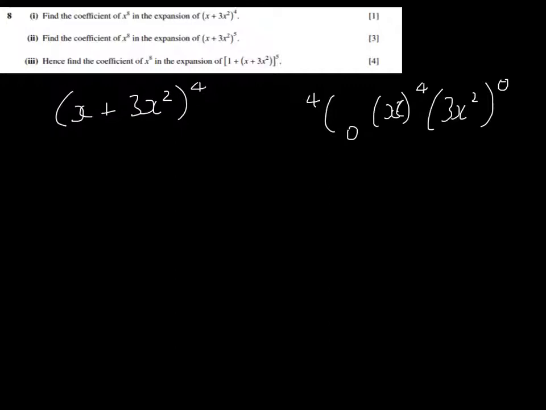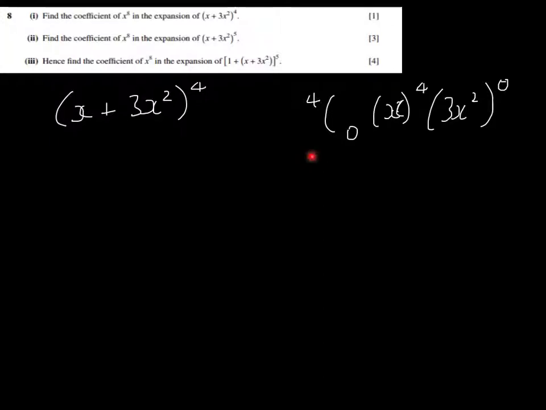What I'm after is the term that when you do this expansion comes out with an x to the power of 8 to it. So what you should be able to see is that when you do these expansions, you're going to be multiplying those two terms together to get your overall x term. In this case here, when you do something to the power of 0, it comes out to be 1.